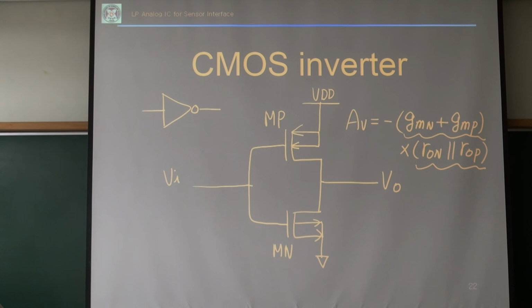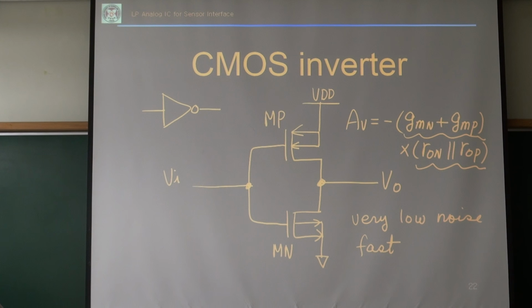And then this amp has some advantage and some disadvantage. The advantage of this CMOS inverter is it has very small noise, low noise. So it is pretty fast.